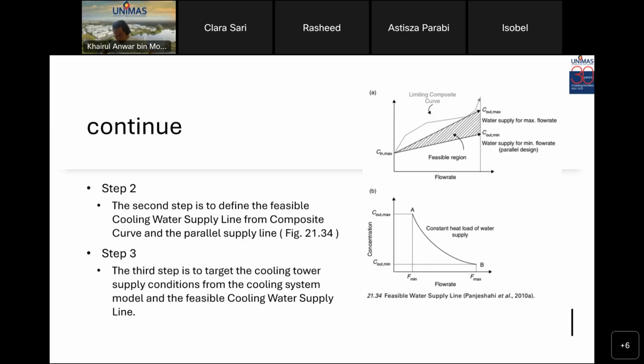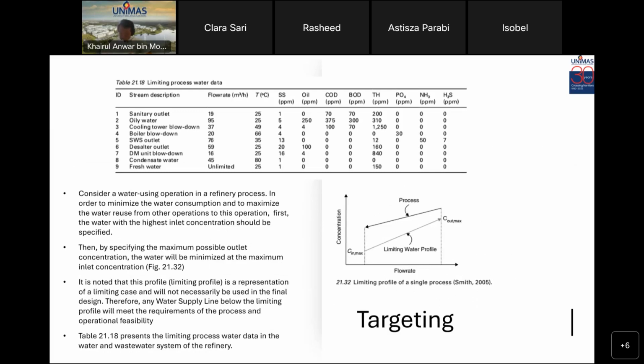So in the original paper, the C here is actually T. But because in table 2118, besides the temperature, the other variables are changing as well, sorry, 2118, the suspended solid, oil, COD, and so on, they base it on these other materials.